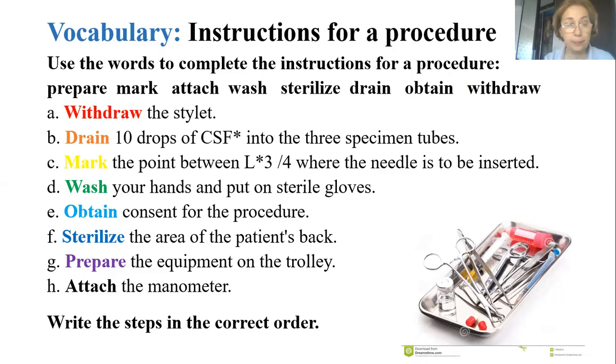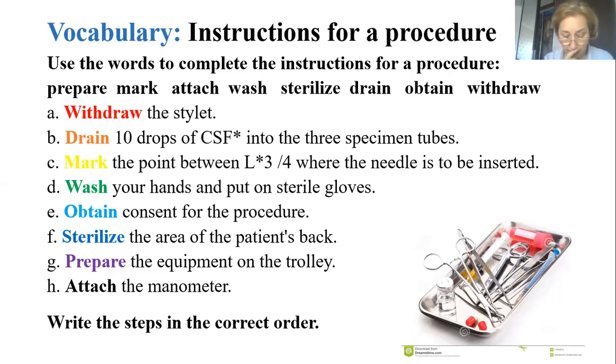Okay, then sterilize the area of the patient's back. Before we sterilize the area, we need to get the patient's agreement. So what is it? Obtain consent for the procedure.